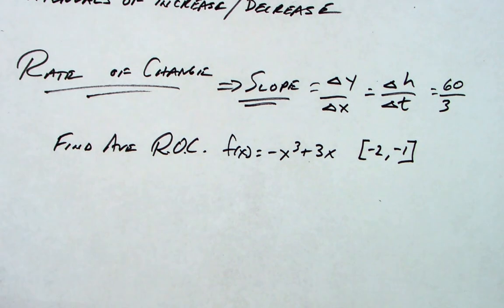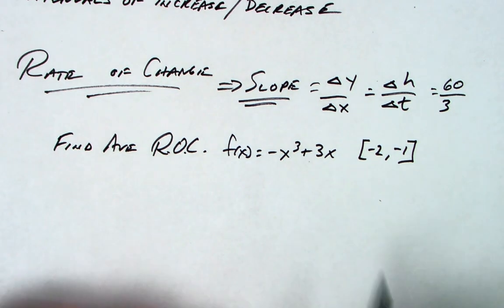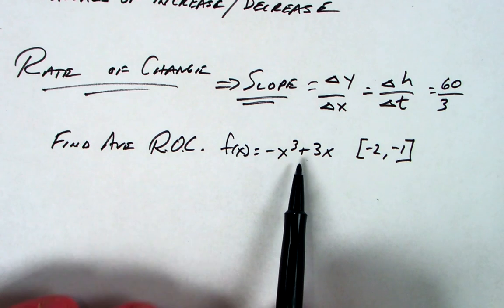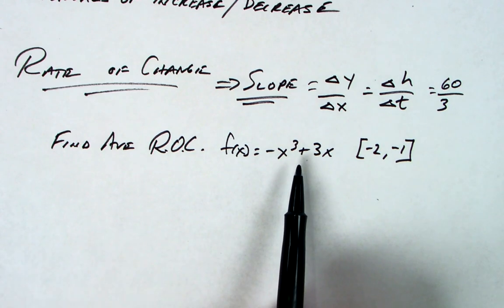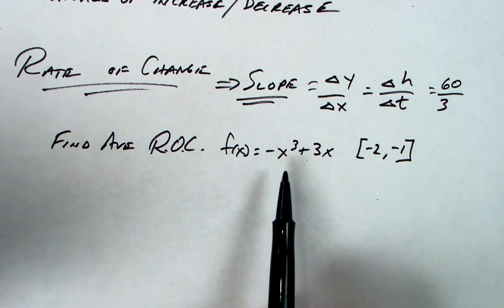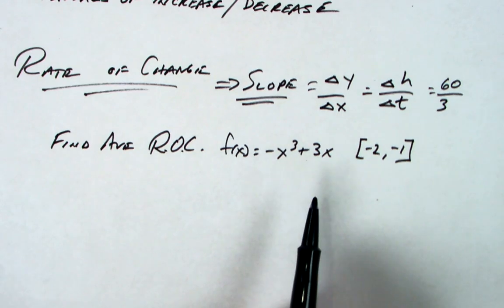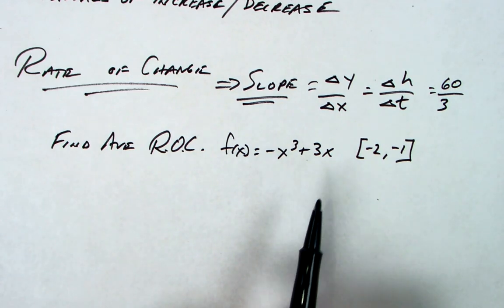The reason I have to say over an interval is that this is not a straight line, so its slope, or its rate of change, is going to be different everywhere.